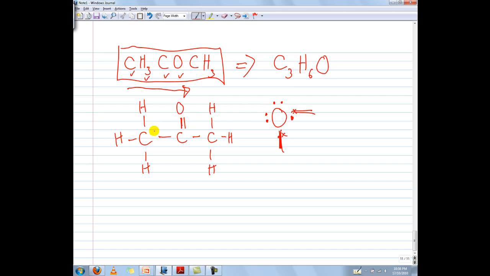Alright. So let's take a look at it. This carbon, is it stable? 2, 4, 6, 8? Yes. Is this carbon stable? 2, 4, 6, 8? Yes. And this carbon, 2, 4, 6, 8? That's fantastic. Each of these hydrogens is fine. And this oxygen, 2, 4, and then 6, 8. So these two belong here. These two are over here.